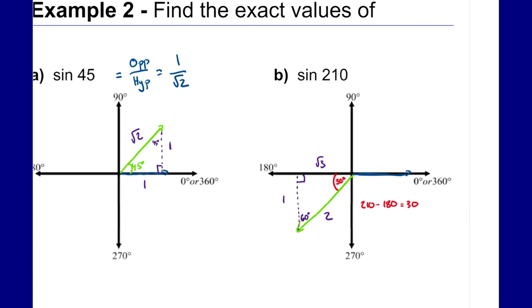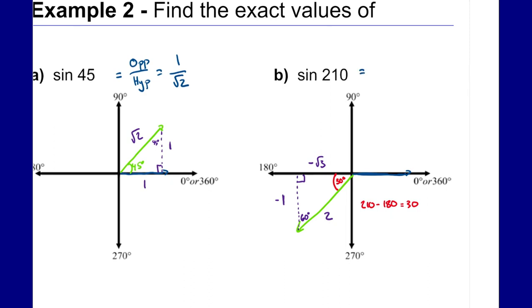So this is actually a negative root 3 because we're in the negative direction, so to speak, in terms of coordinates. If 0 is at the center here, then we're in the negative, and we're going down, so that's a negative 1. So our ratio isn't going to be the exact same as it would if it was positive.